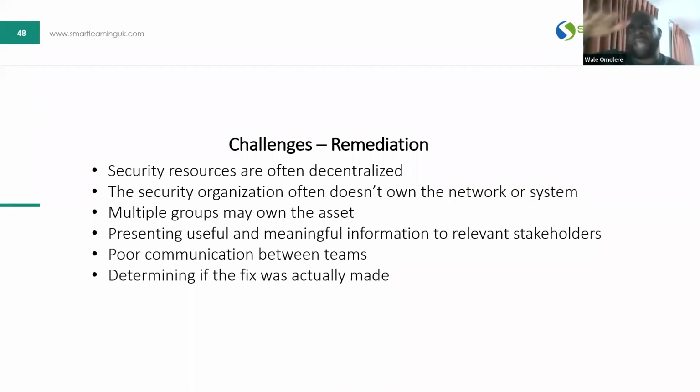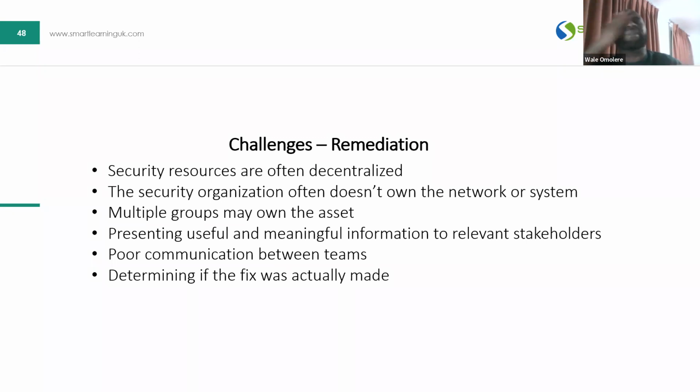But on that web server, there will be an underlying operating system. It could be Microsoft running IIS, or it could be Linux running Apache.